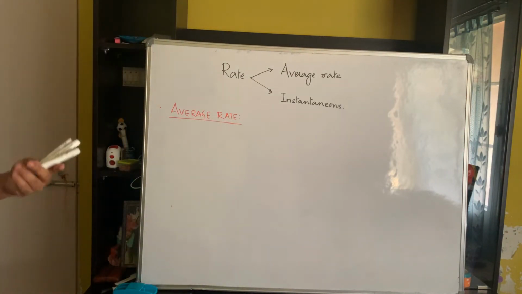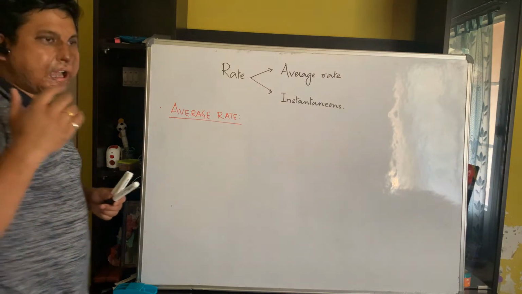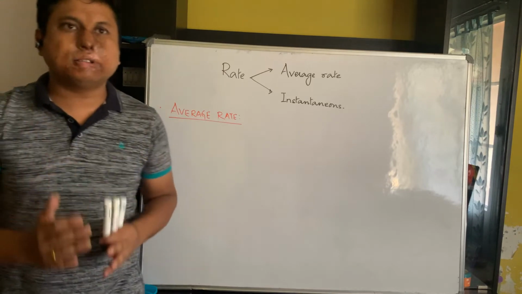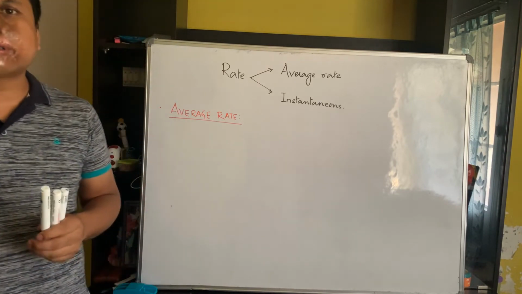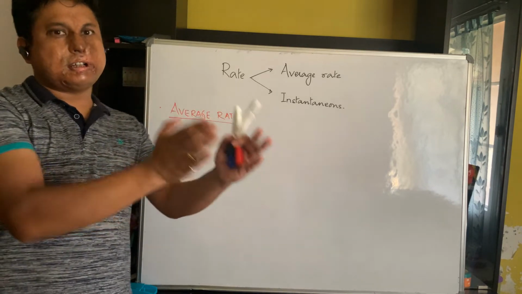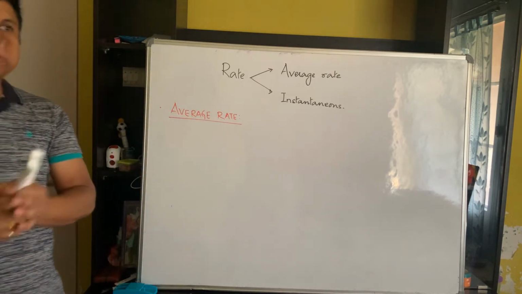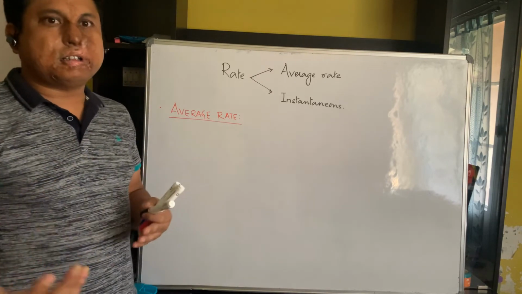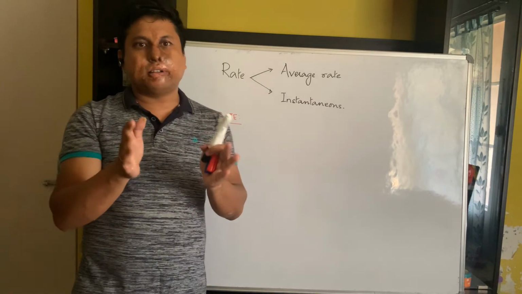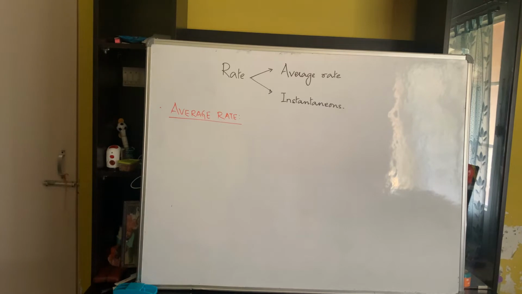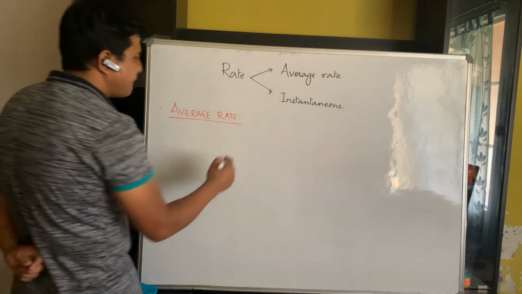So, what is an average rate of a reaction? The average rate of a reaction is the rate of a reaction calculated over a certain interval of time. Say between the 25th second and the 35th second, or between the 28th second and the 30th second. So when you calculate the rate of a reaction over a certain interval of time, that rate of a reaction is known as your average rate of a reaction. So how do we define average rate of a reaction?